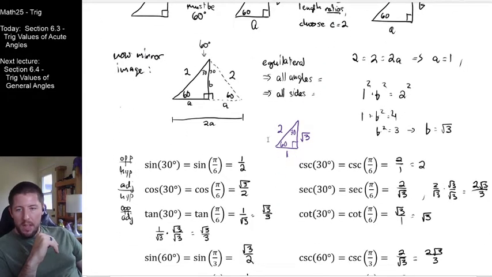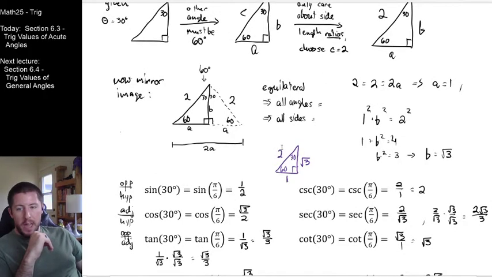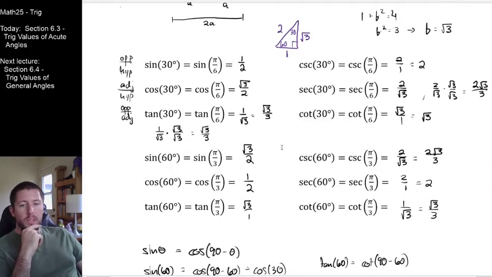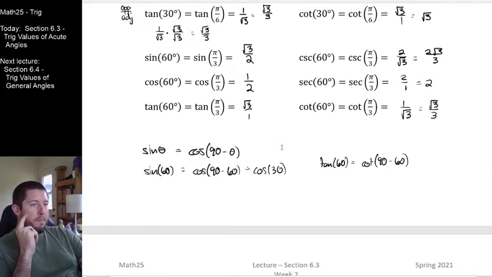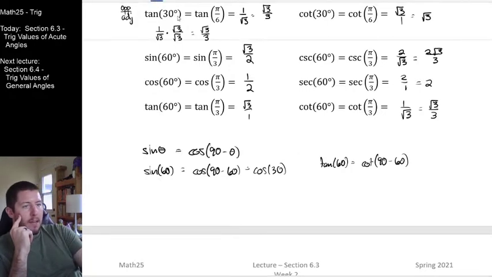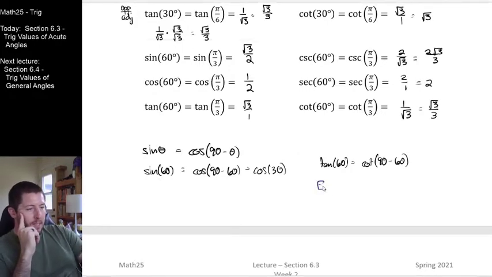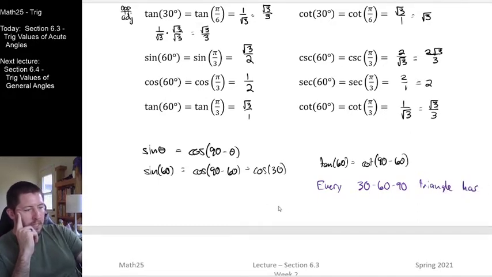Know that triangle, and that's most of all of our special angles that are out here. All right, so that's really, really convenient for us. So let me make that statement at the bottom again. That is, every 30, 60, 90 triangle has side length proportions.